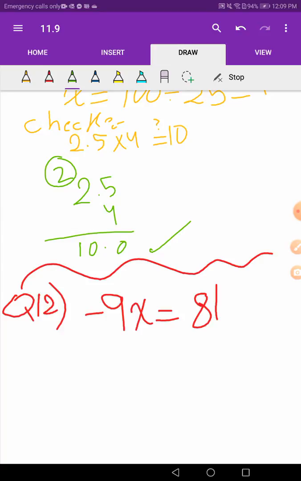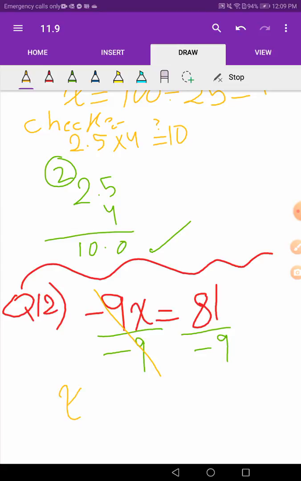Since x was multiplied by negative 9, I need to divide by negative 9. You divide with the sign and not only by 9. And the same on the second side, I'm going to divide it by negative 9. So we have negative 9 divided by negative 9, which equals 1.